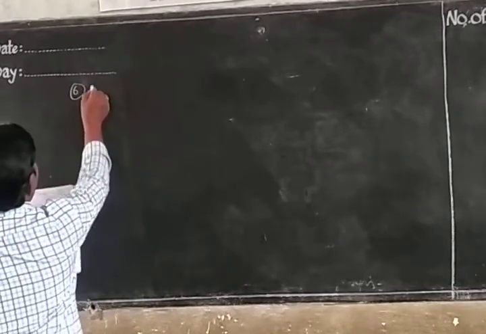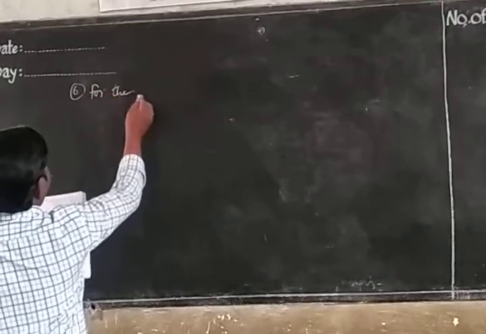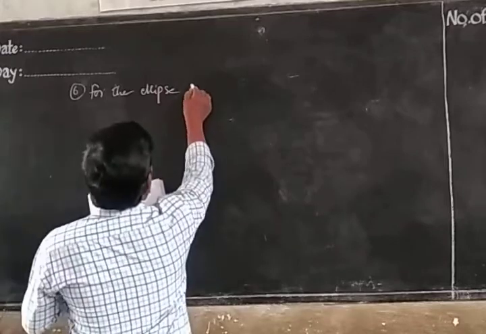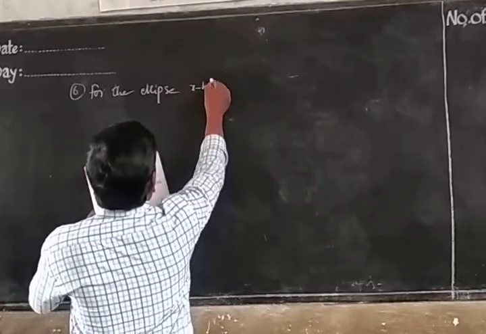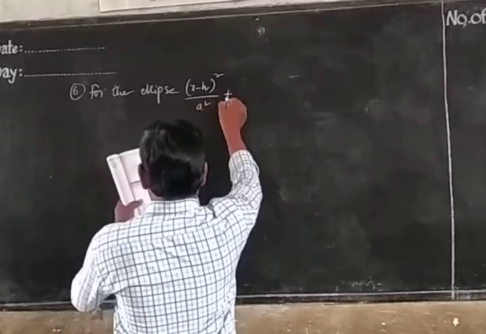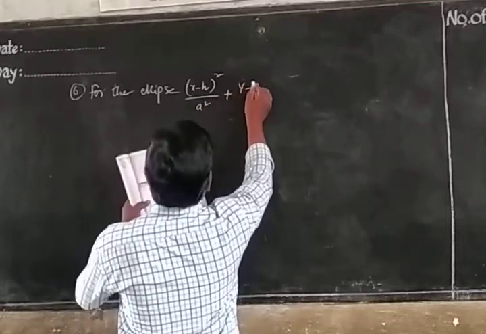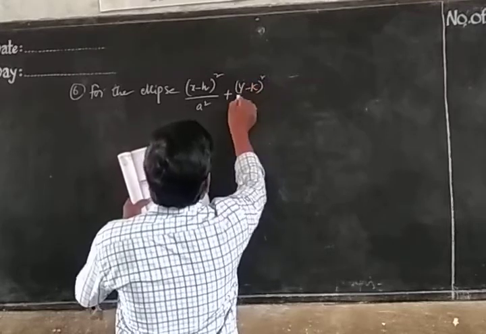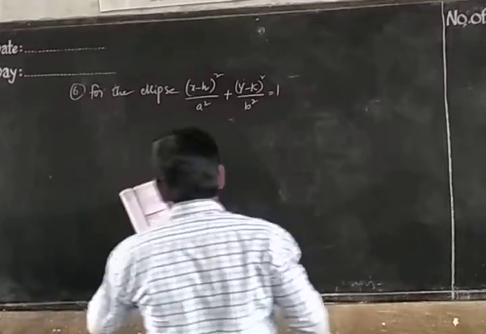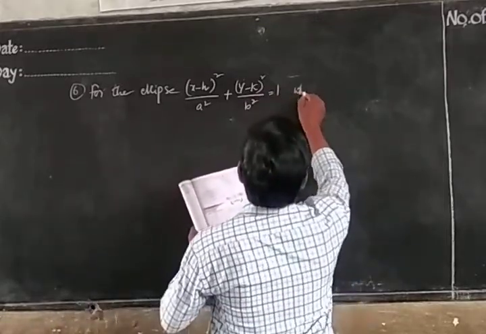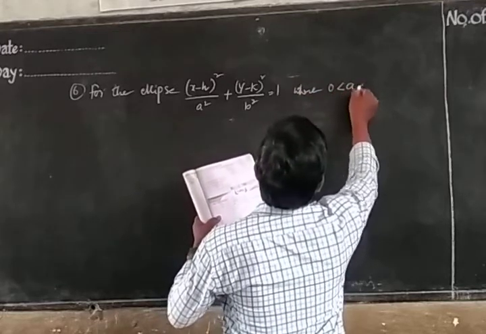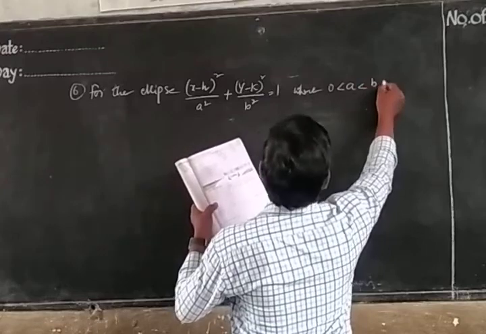For the ellipse (x minus h) whole square by a square plus (y minus k) whole square by b square equal to 1, where 0 less than a less than b.